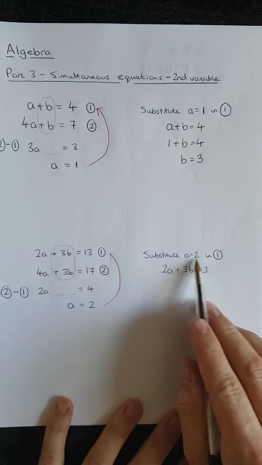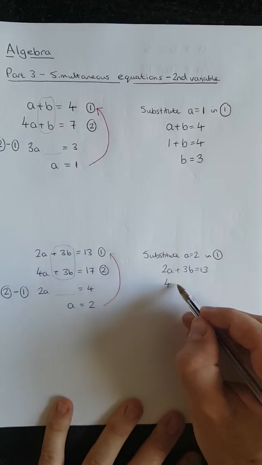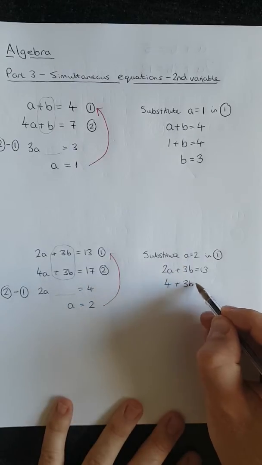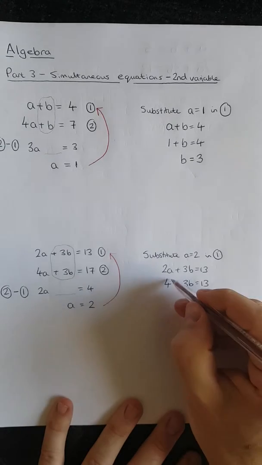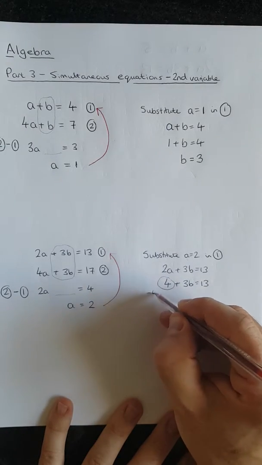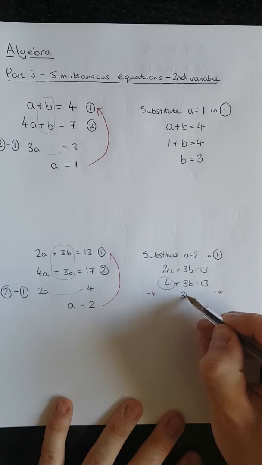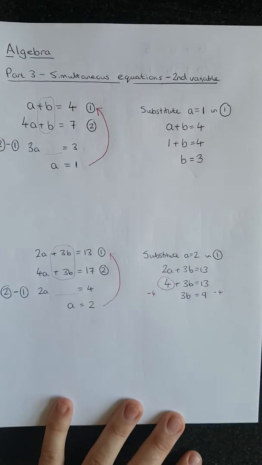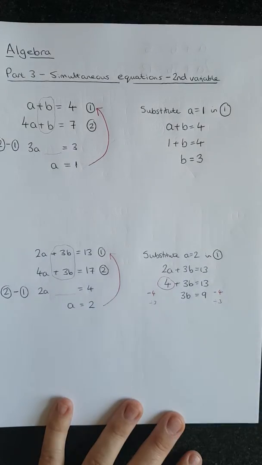And now that a equals 2, this becomes 4. Okay. I'm going to subtract 4 from both sides. Then I'm going to divide by 3.